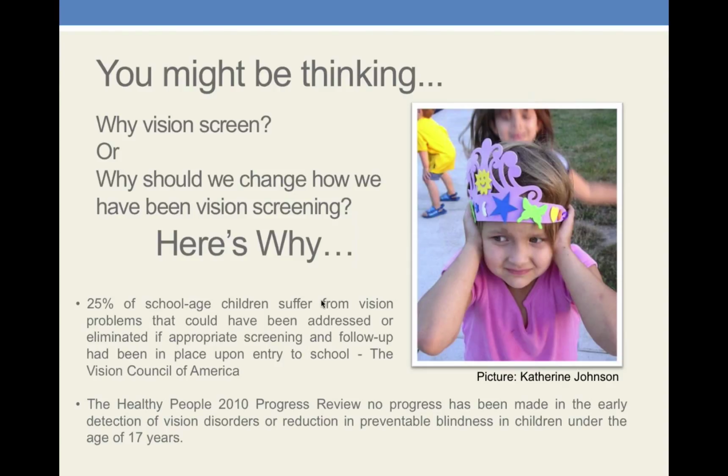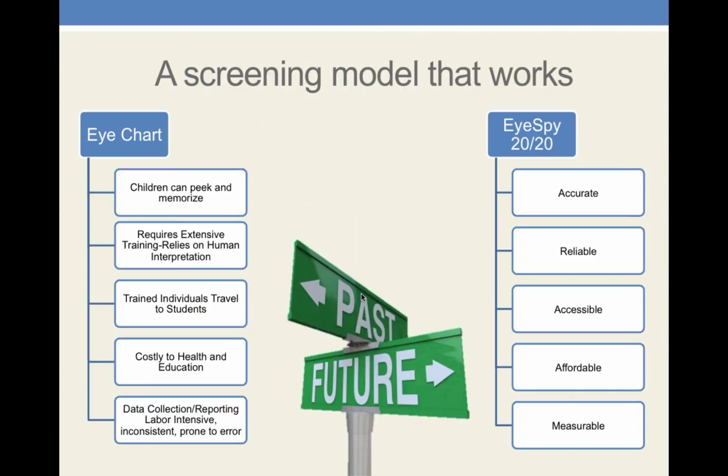The Healthy People 2010 Progress Review was actually a heartbreaking publication from my perspective, quite personally, and that's because there's been absolutely no progress made at that point in time that it was published in the detection of vision disorders and therefore the reduction in preventable blindness in children under the age of 17. And that is astounding to me and really the impetus behind Dr. O'Neill and I's work.